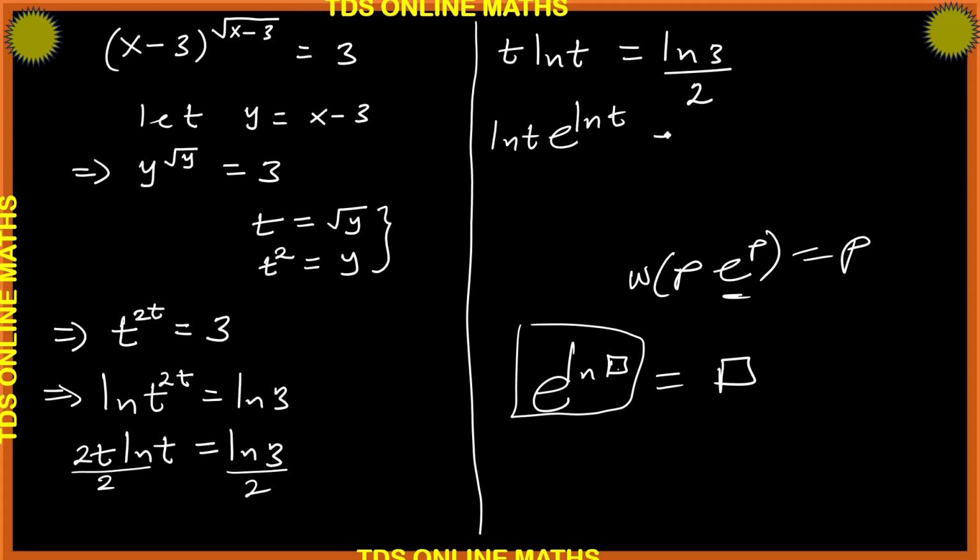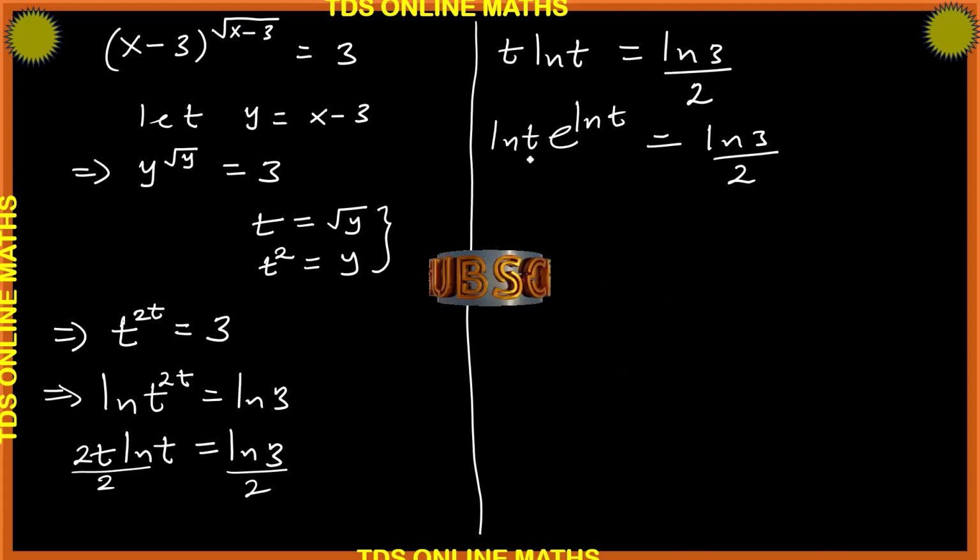So we have that equals ln of 3 over 2. They are the same, which means we can proceed and take the Lambert W function.